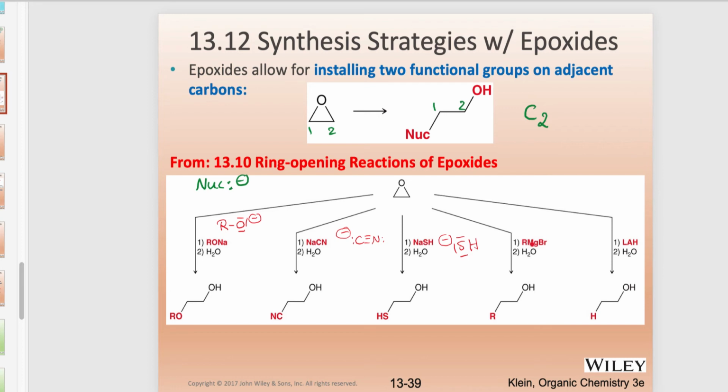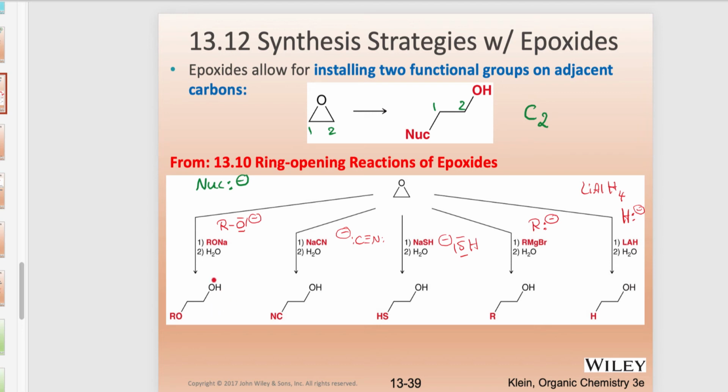This Grignard reagent will also come up in the organometallics chapter in a few weeks. This will deliver R minus. And LiAlH4, lithium aluminum hydride, is H minus. So all of these have full negative charges, strong nucleophiles.